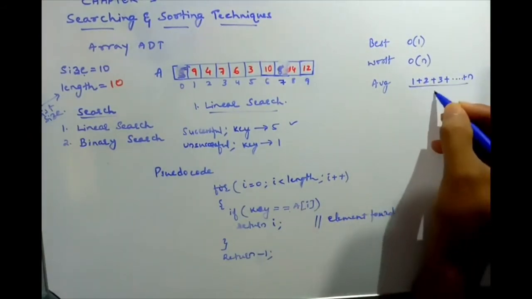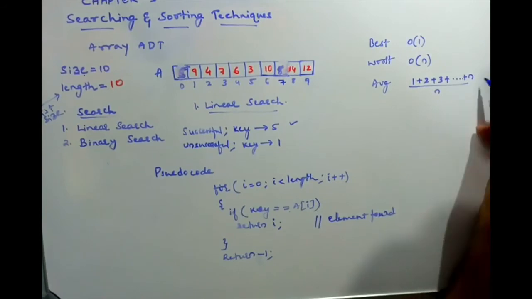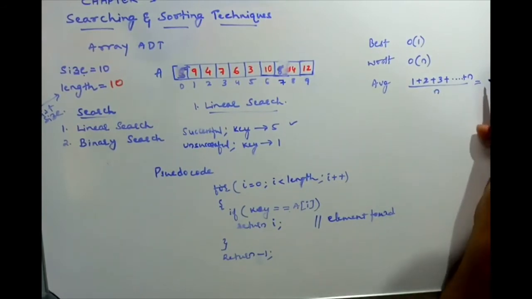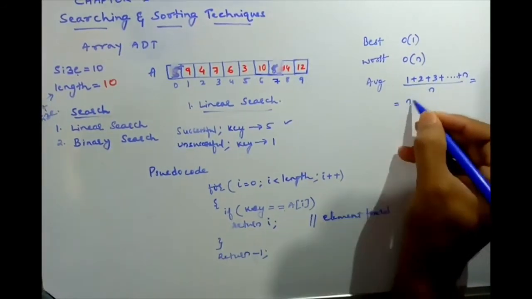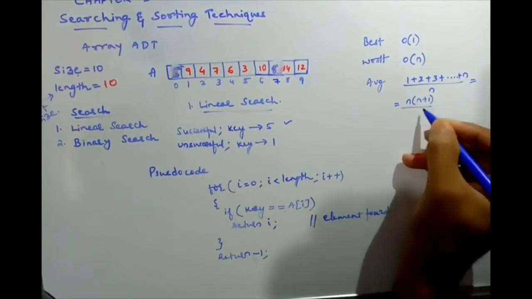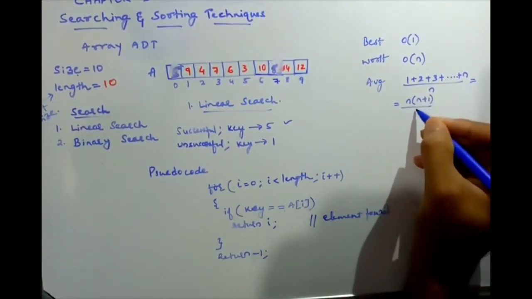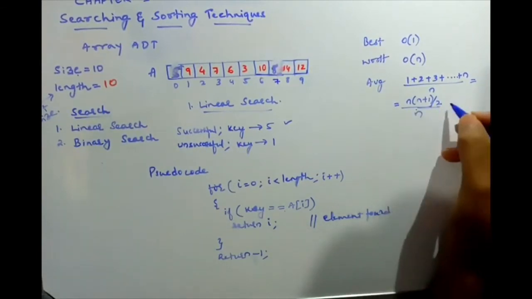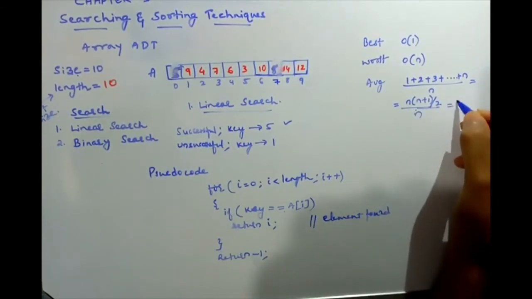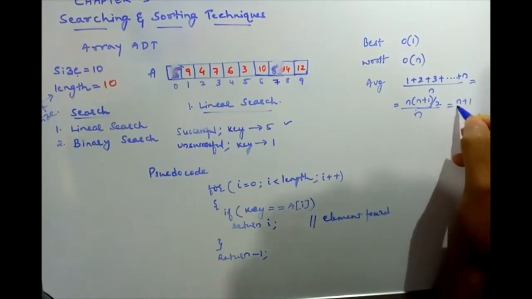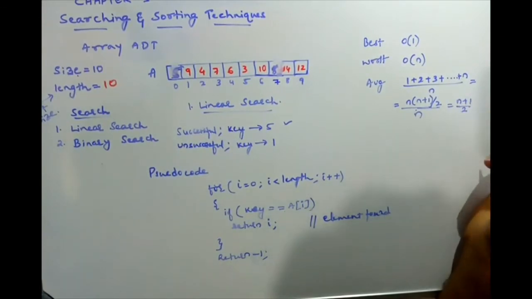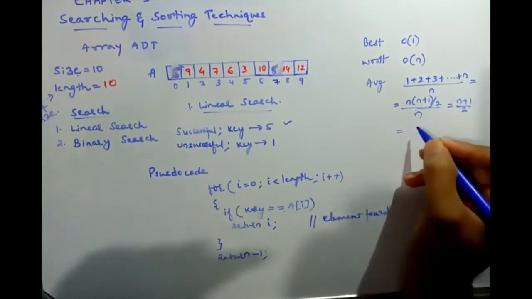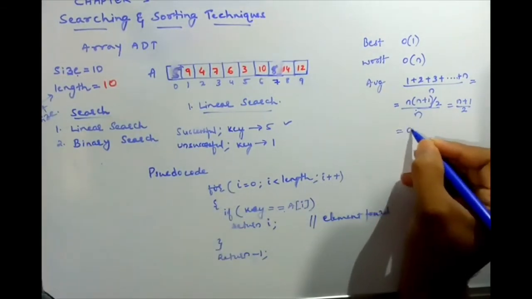Then the average is always divided by the number of elements. So this would have been n into n plus 1, whole divided by 2, whole divided by n. Then this would have been n plus 1 by 2. So n plus 1 by 2 is again order n only.